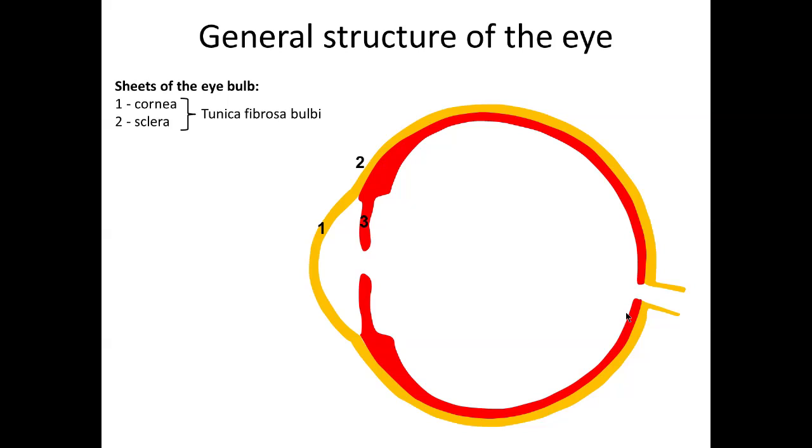The most anterior part of it is called iris in Latin. This term means the name of a very beautiful flower. This flower is of different colors, as is the iris in different people.